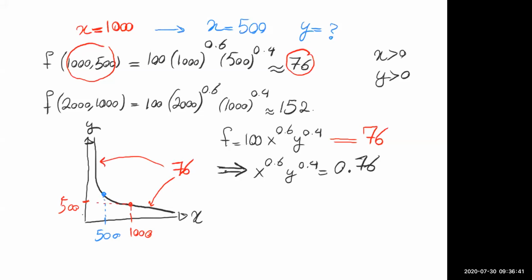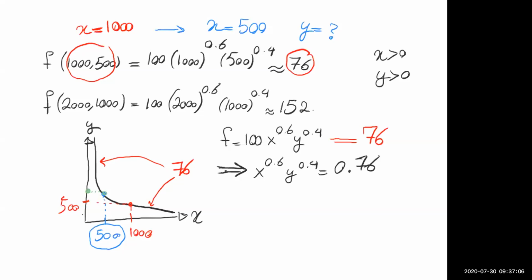So if the number of units of labor is 500, what should be the number of units of capital so that you would get 76 as the production at the end? You should find the y of this point. This is something on the level curve that we can compute easily.